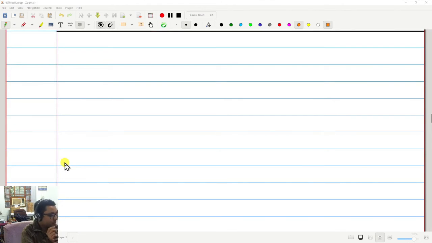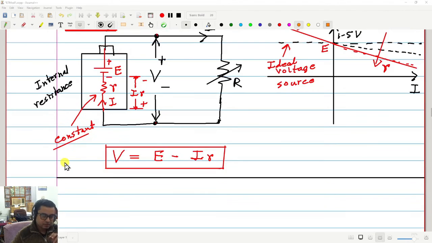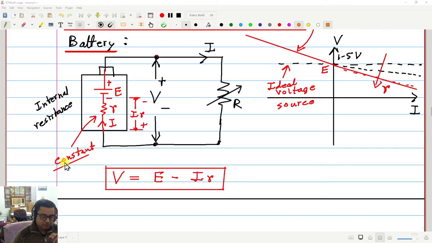Sir, we have written V is equal to E minus IR. Is this voltage in the battery or in the circuit? Which voltage are you asking about, V or E?